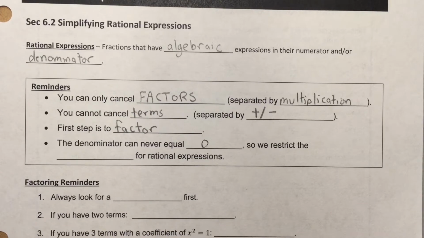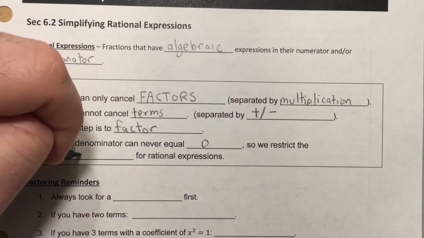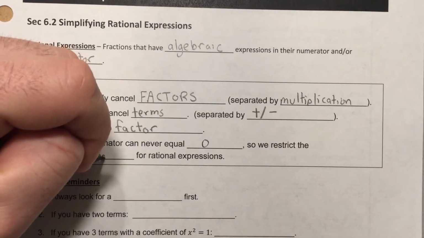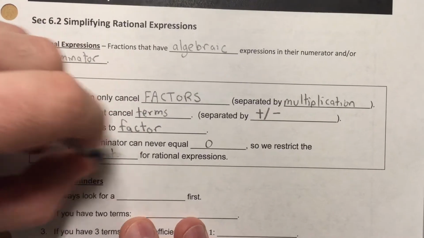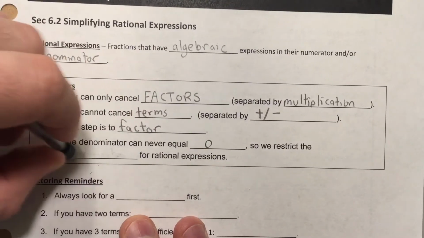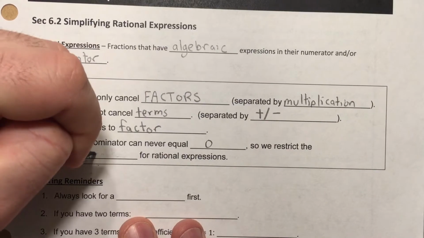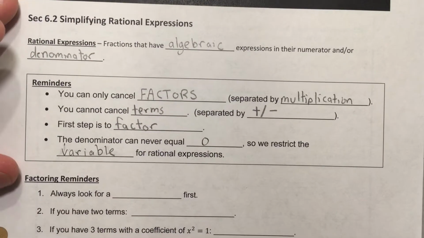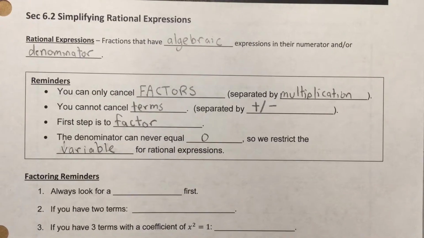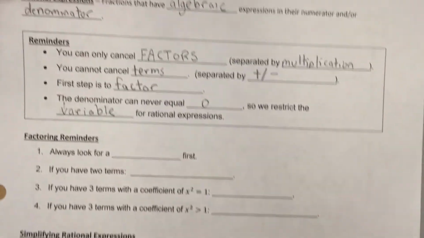So therefore, we must restrict the variable for rational expressions. All right, so we'll come back to these always. These are kind of our steps and reminders.